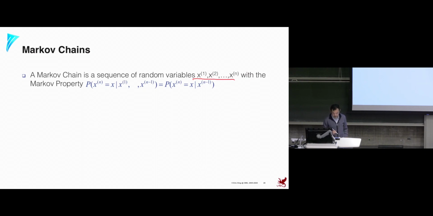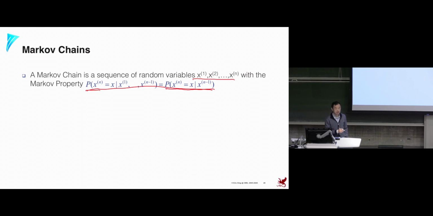In particular, first-order Markovian gives you the property that the future is independent of the past, given the present. Therefore, this long conditional distribution, conditioning on the whole history, is only conditioning on the immediate past.